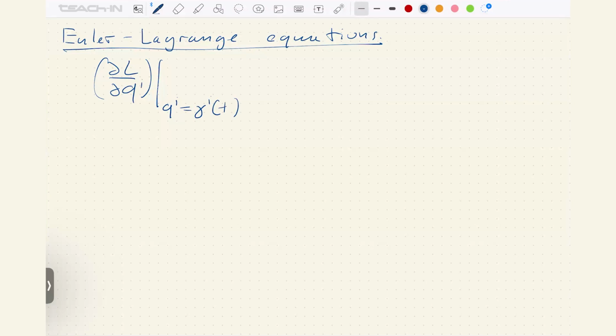partial derivative, minus d over dt of dL over dy_i. Yeah, sorry, here also y_i equal to gamma dot_i of t. And again, the same.